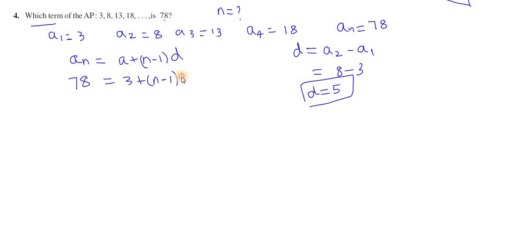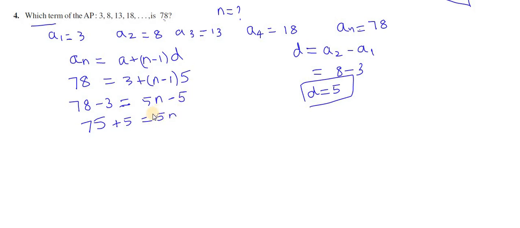So here it is 5. Therefore 78 minus 3 is equal to 5n minus 5. 78 minus 3 is 75, and 75 plus 5 is equal to 5n.